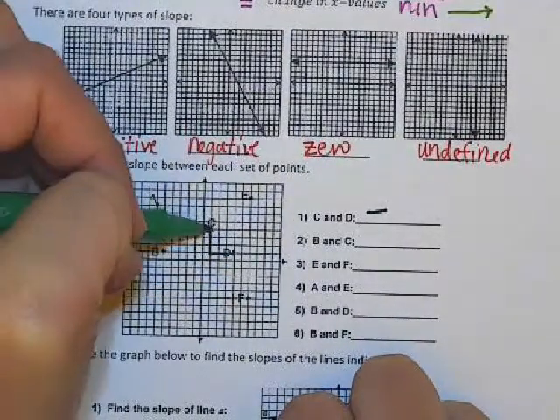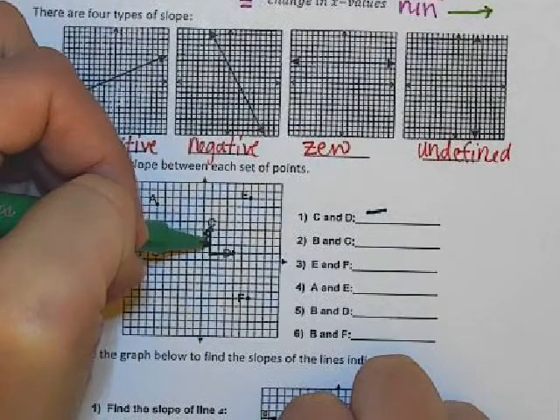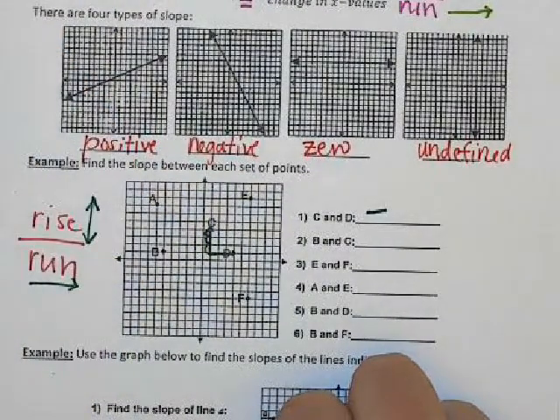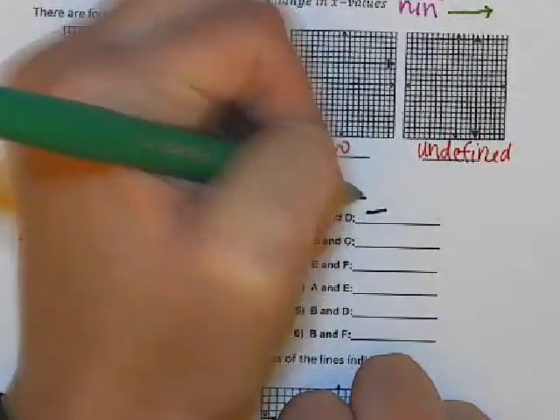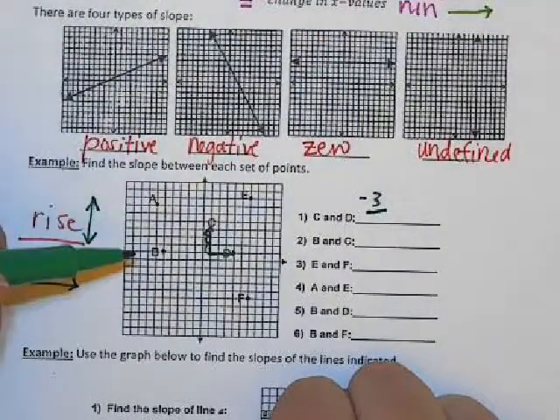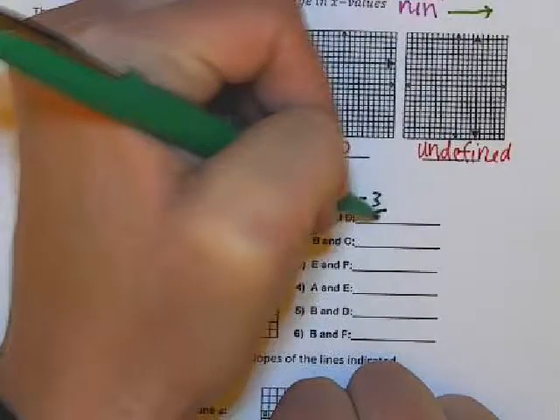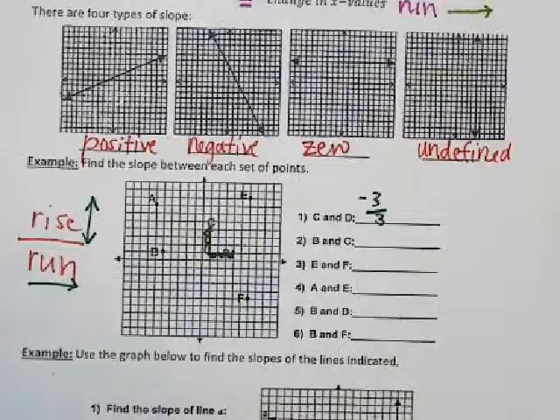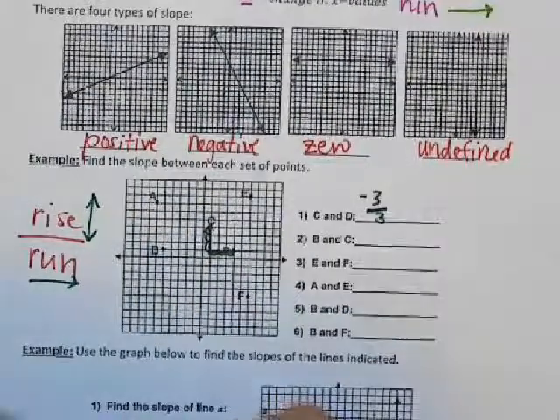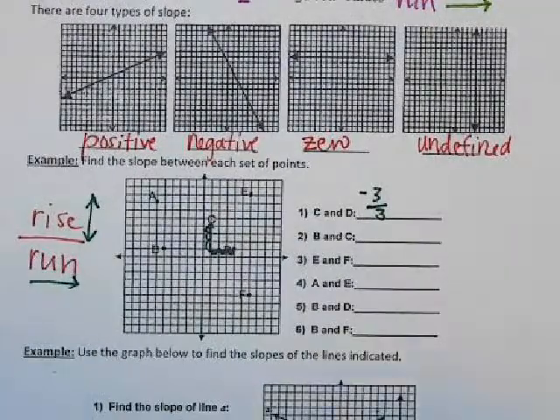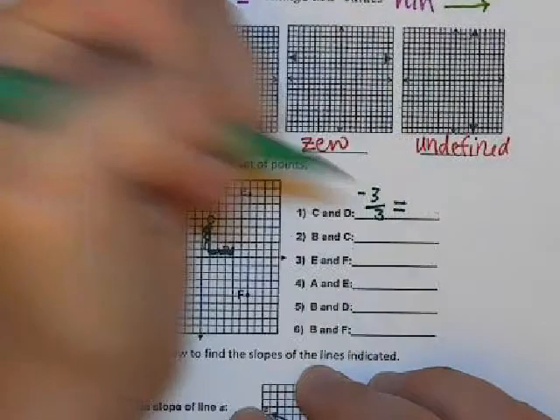Because I'm going down, that's going to make my slope negative 3. So negative 3 on top. Then I run to the right: 1, 2, 3. That goes on the bottom. Can I reduce negative 3 over 3? Yes. What does that equal? Negative 1.